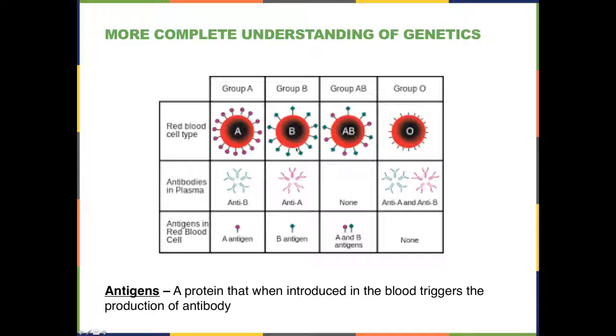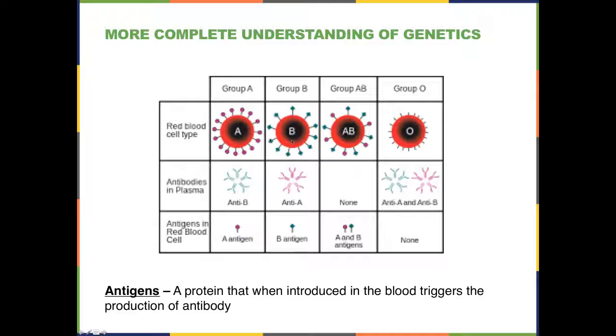So if this person is transfused with B blood, their antibodies will attack that blood and destroy it. Conversely, if this person is transfused with A blood, their antibodies will attack. This person is called the universal recipient because they don't have antibodies against either one of these. And lastly, this person is called the universal donor because they don't express outward antigen.